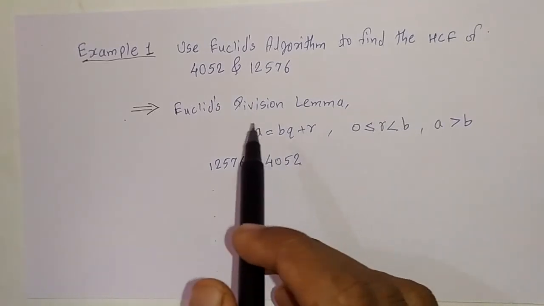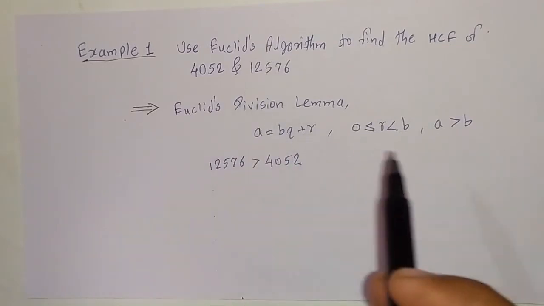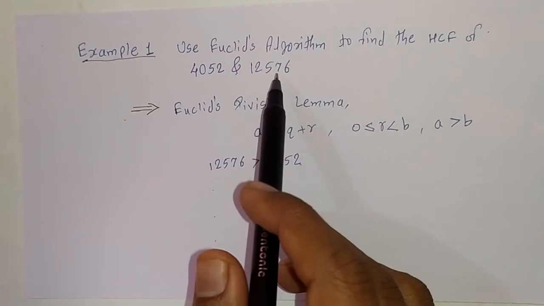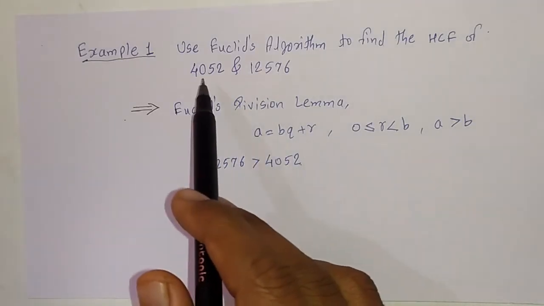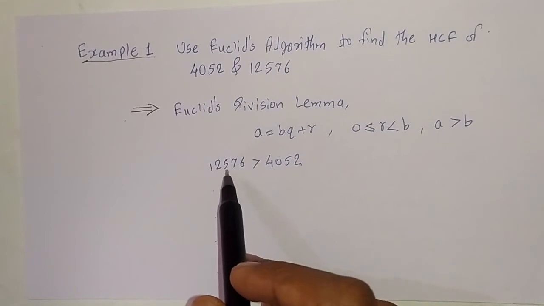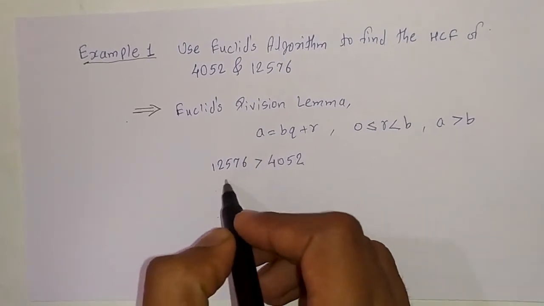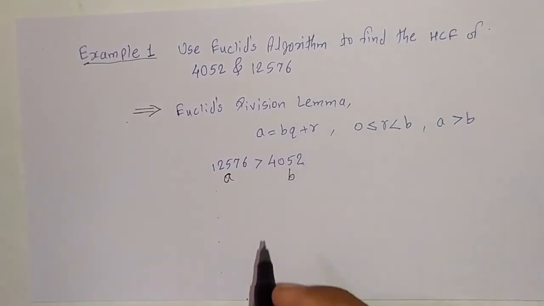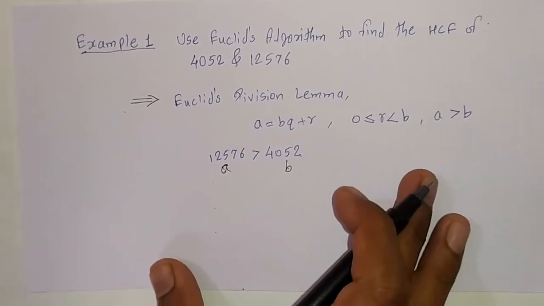So in this case, a and b, 2 numbers are given. So a should be greater than b. 12,576 is greater than 4,052. So a will be 12,576 and this will be b. So write down this.